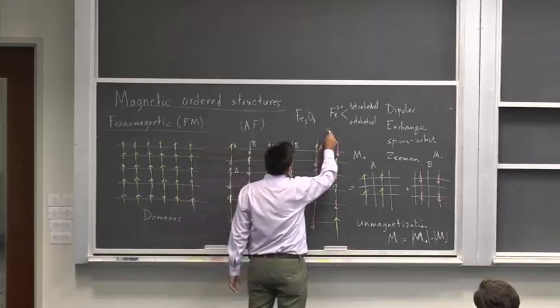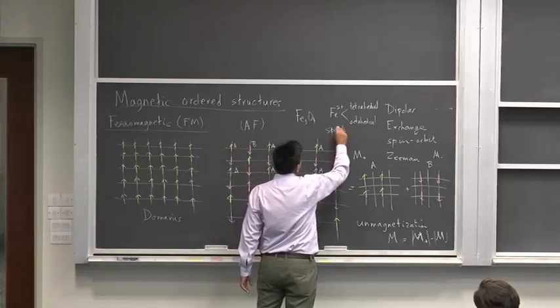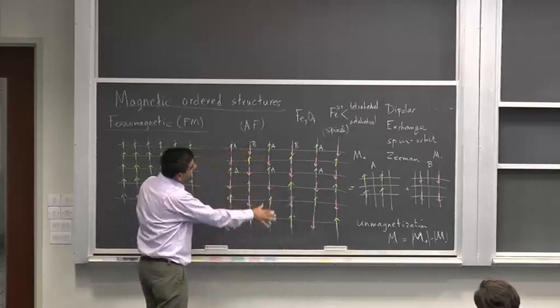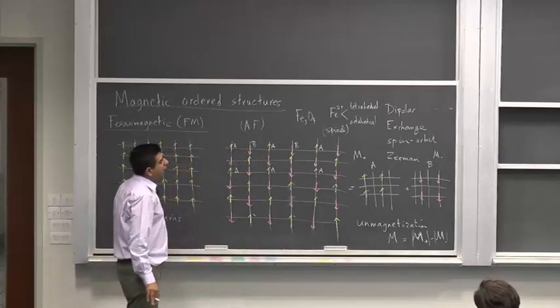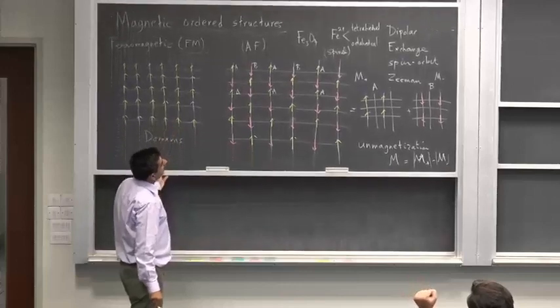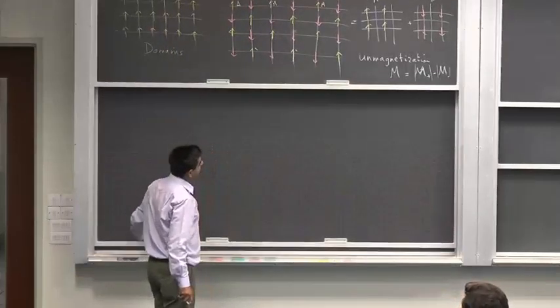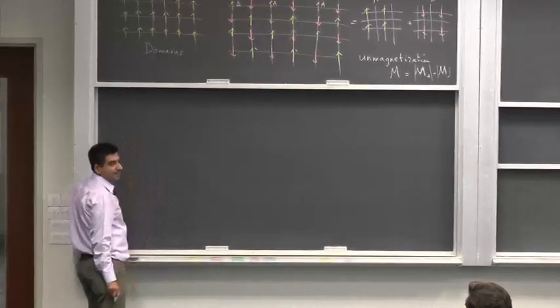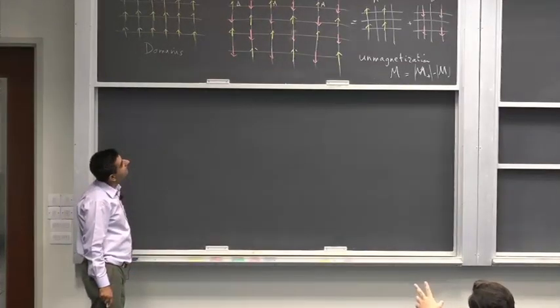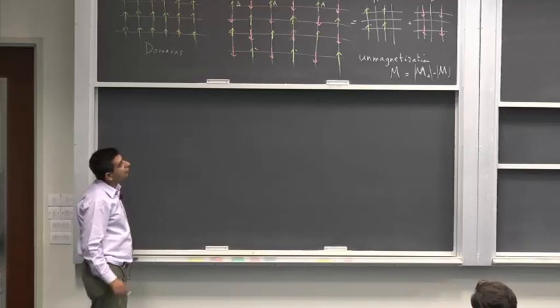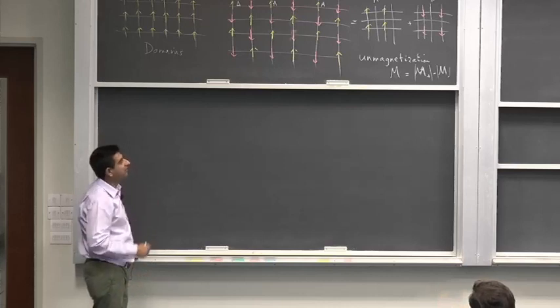This is an example of what is called a spinel structure. We're going to look at this in subsequent lectures. So this is antiferromagnetic coupling. You could also have ferrimagnetic coupling. This might be a minor point, but in both the domains which are coupled together antiferromagnetically, they are not domains, they are two different interpenetrating lattices.